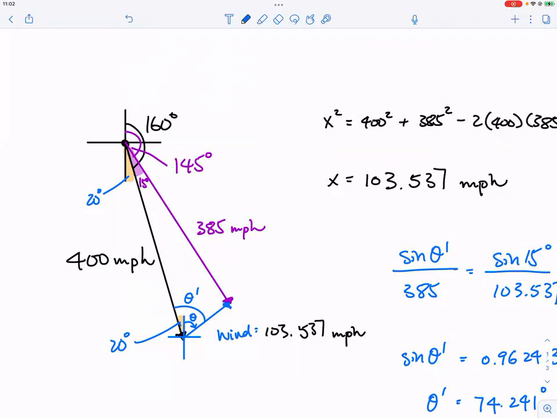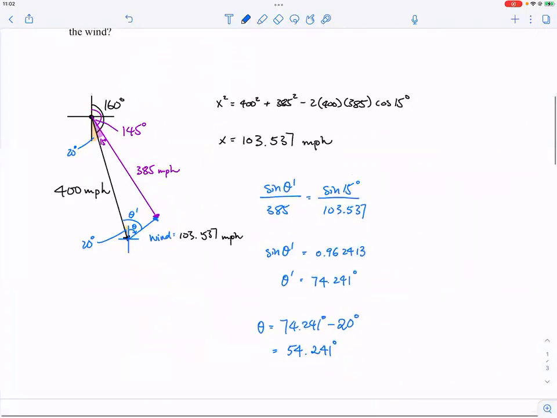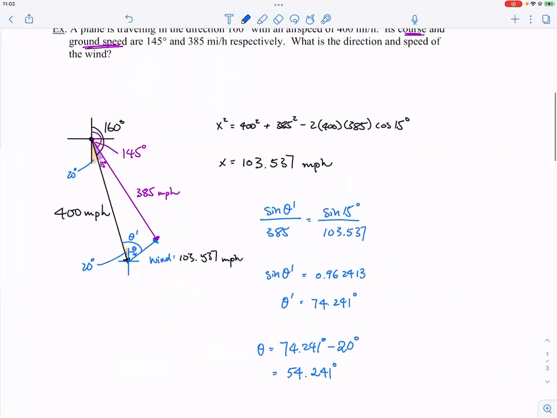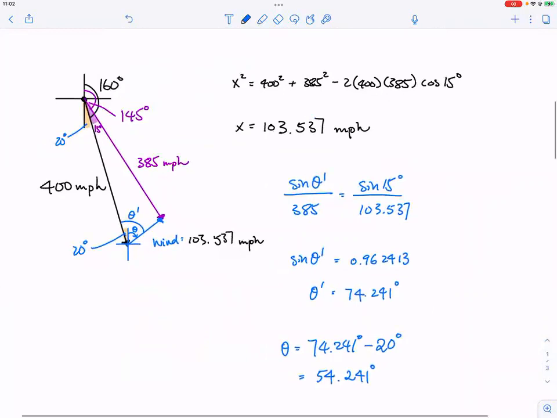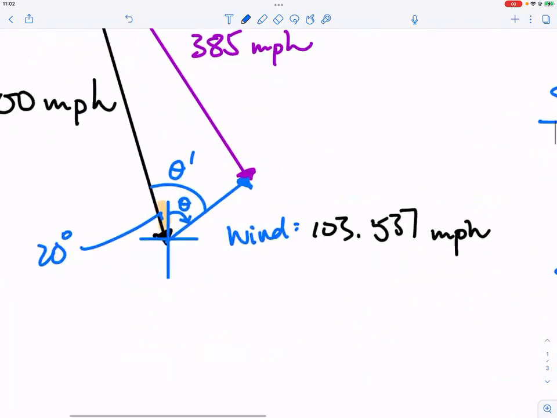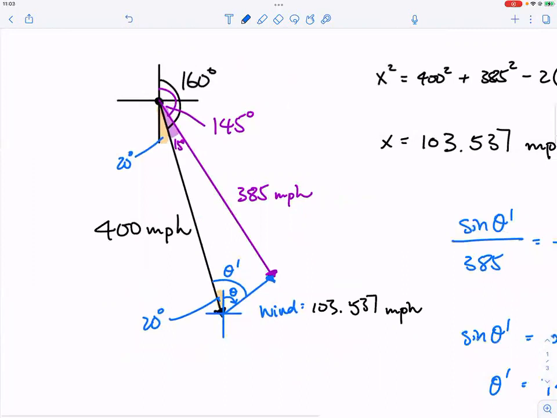And if you have that information on paper, or if you know that you can find out that information, then you can find out the required information pretty easily. But make sure that you know how to label them. Make sure you know how to do the alternate interior angles.